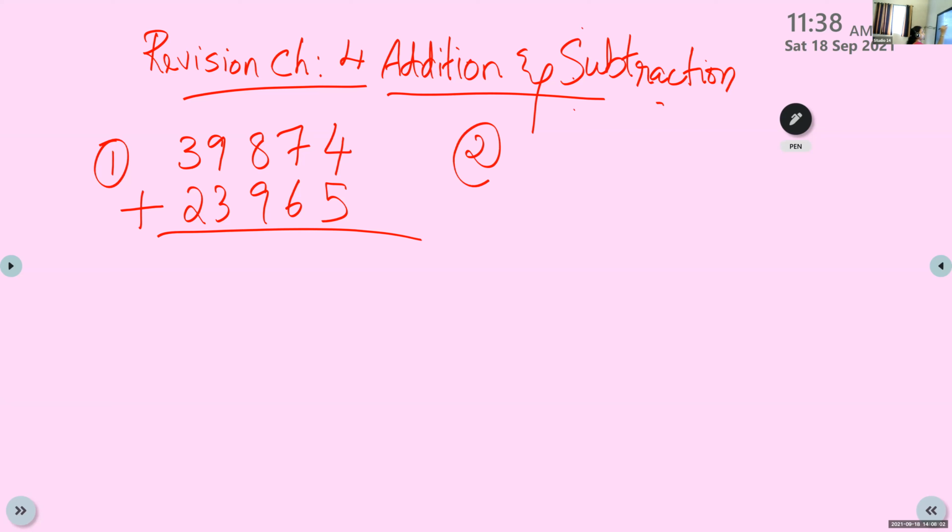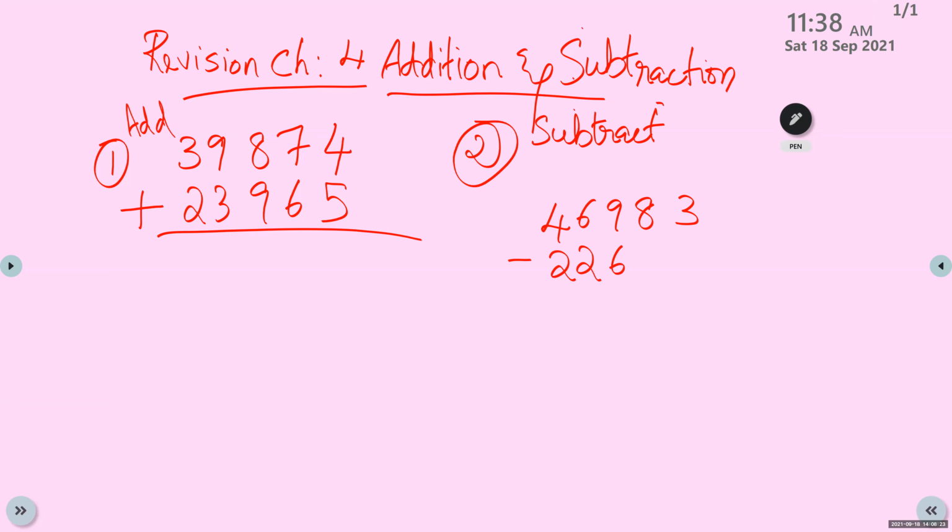Now question number 2, subtract. 46,983 minus 22,654. Subtract. Now I will write 1 word problem also here.